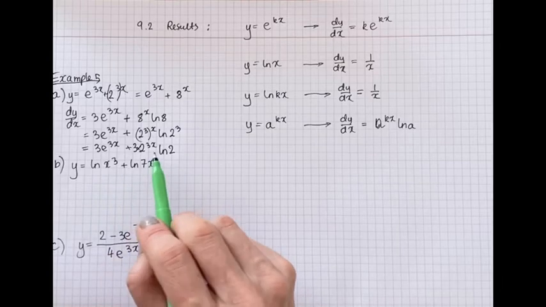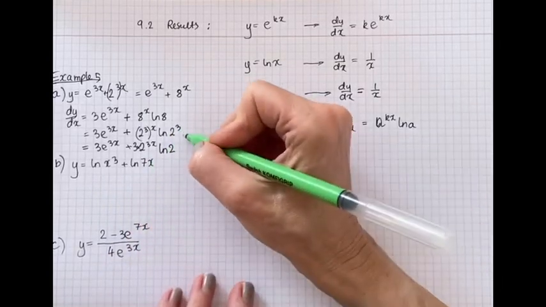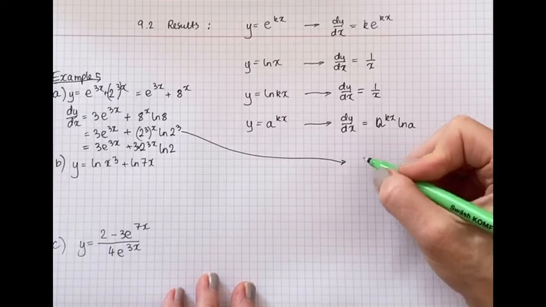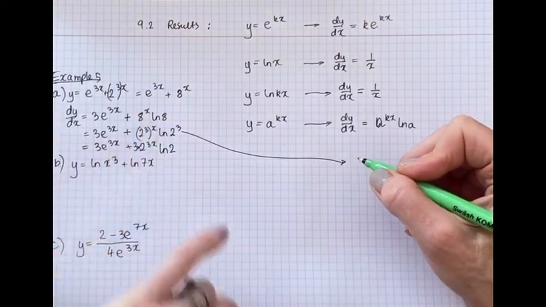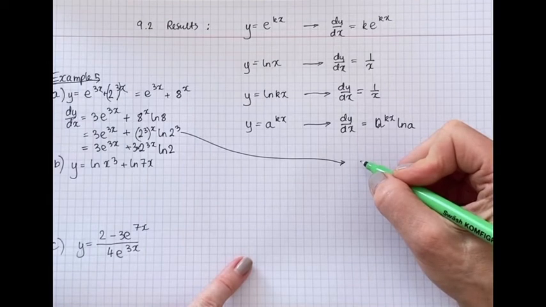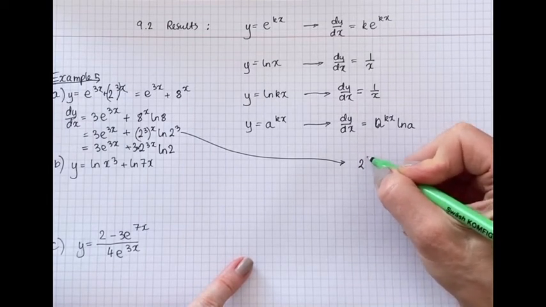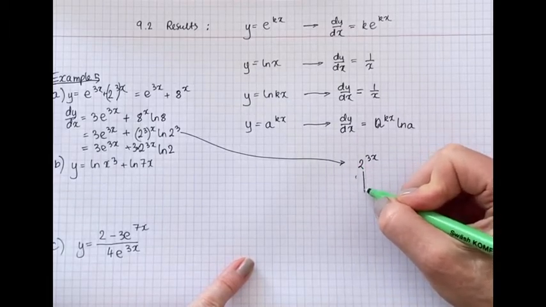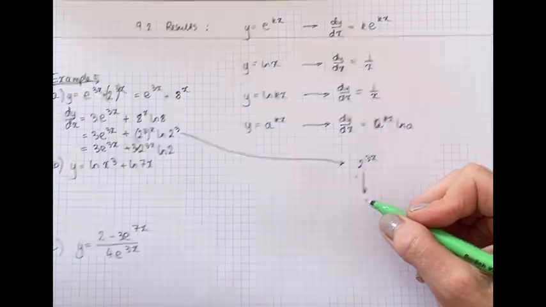Now a different way of doing it. I'm just going to focus on the second part. So if you have to differentiate 2 to the power of 3x, what you need to do is apply what's called the chain rule.